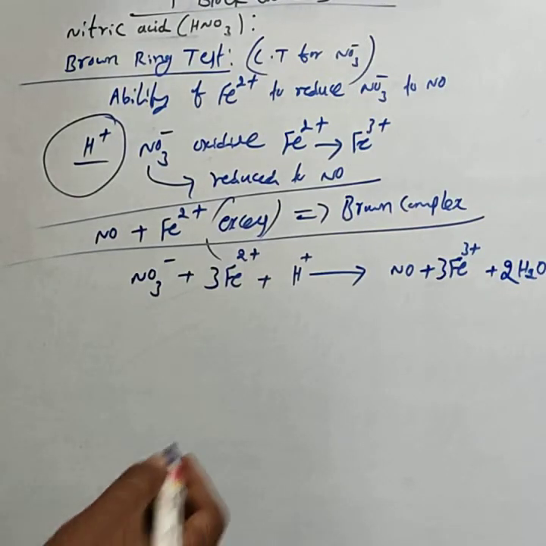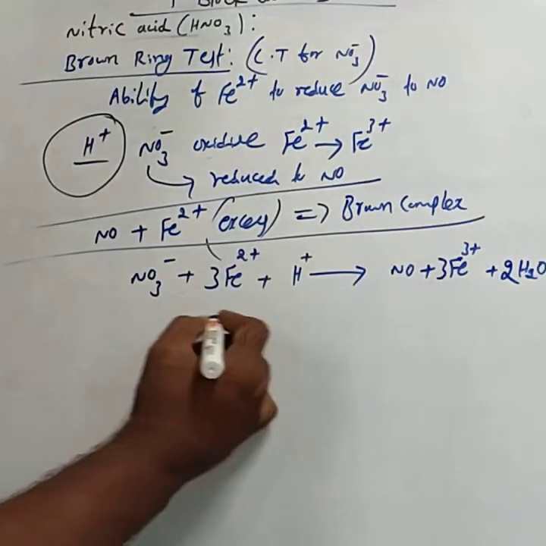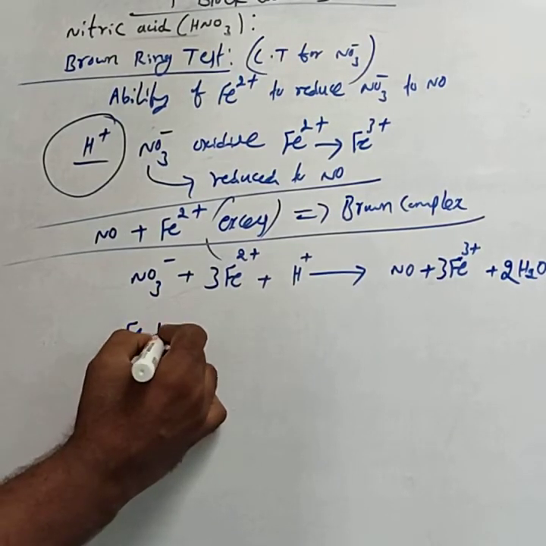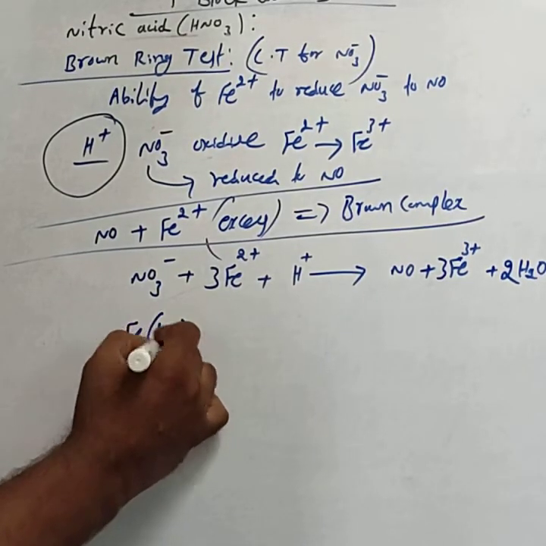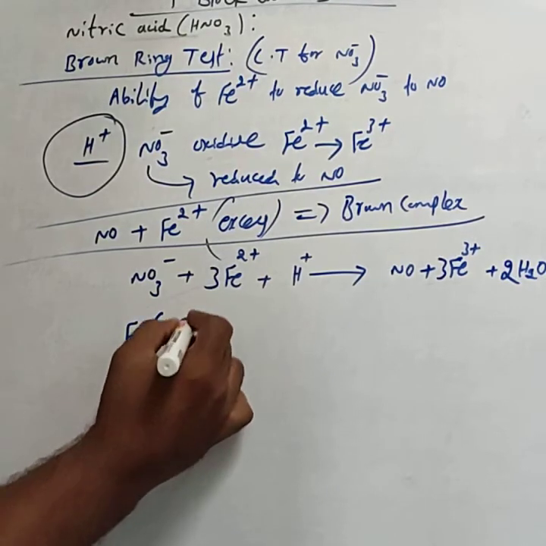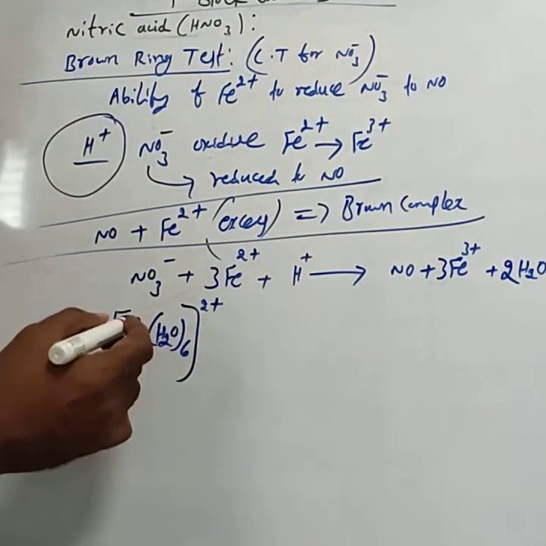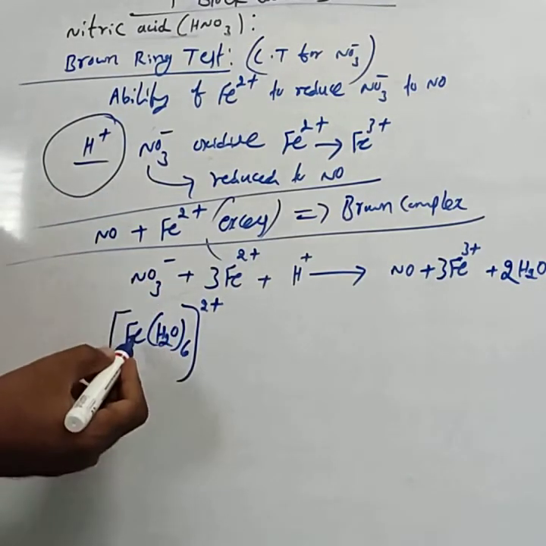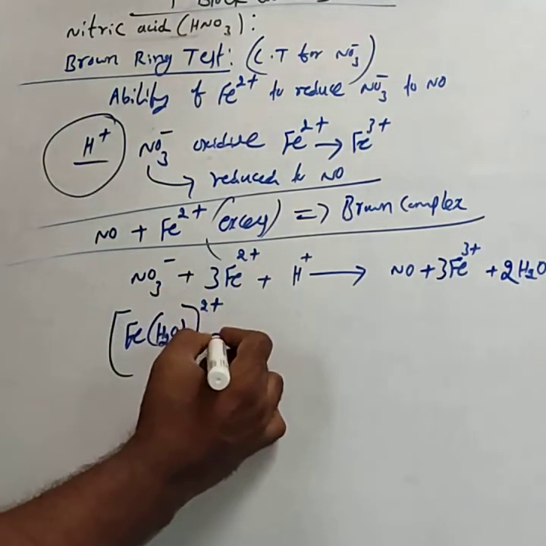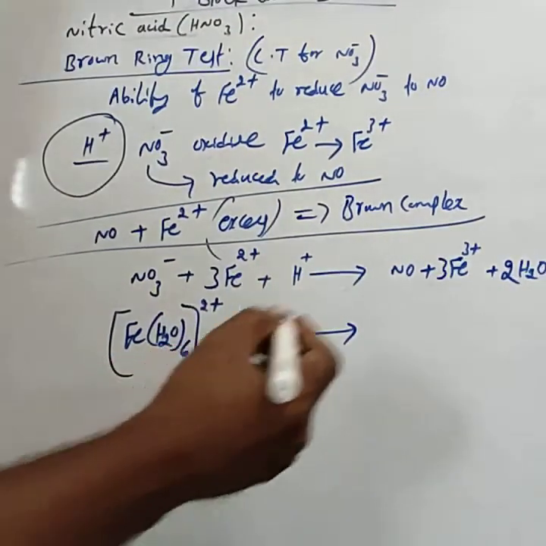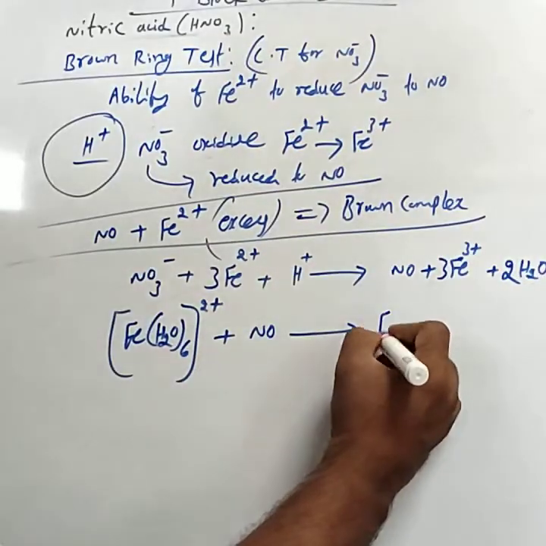Then the second step is that nitric oxide reacts with ferrous ion present in the solution. We are using ferrous sulfate solution, hence we are using [Fe(H2O)6]2+. This is the ferrous ion present in the solution. [Fe(H2O)6]2+ reacts with NO, nitric oxide, and forms a brown complex.